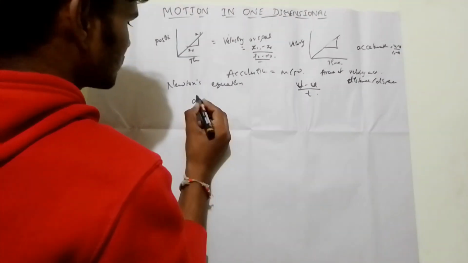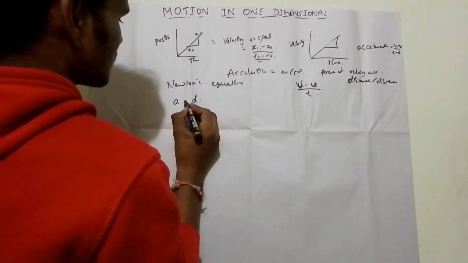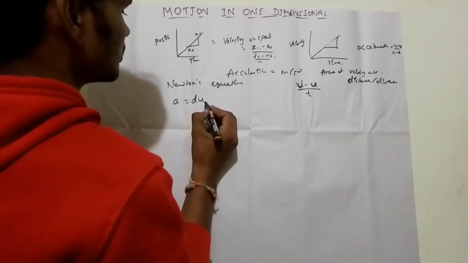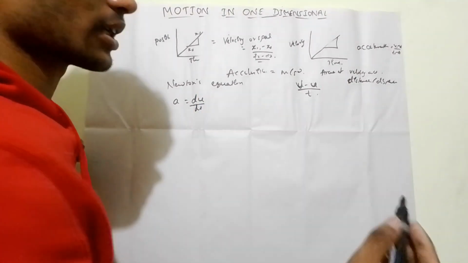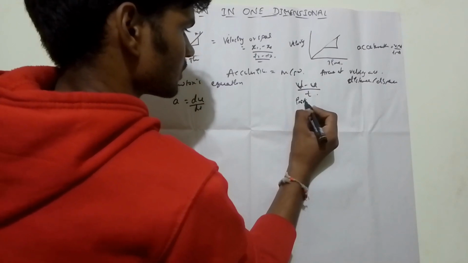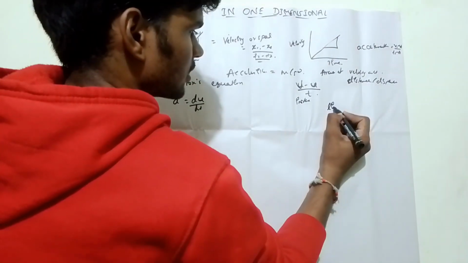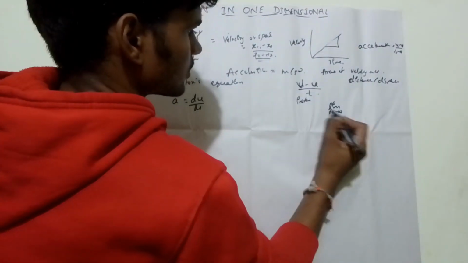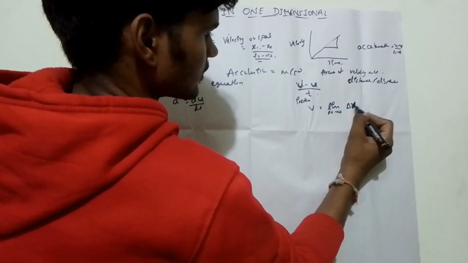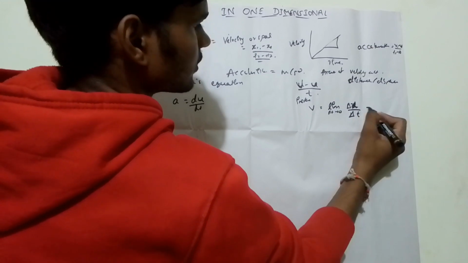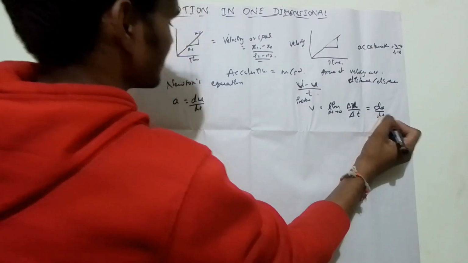As we know, acceleration is dv by dt. This is instantaneous acceleration, as we can write instantaneous velocity as the limit delta t tends to 0 of delta x divided by delta t, which is equal to dx by dt.